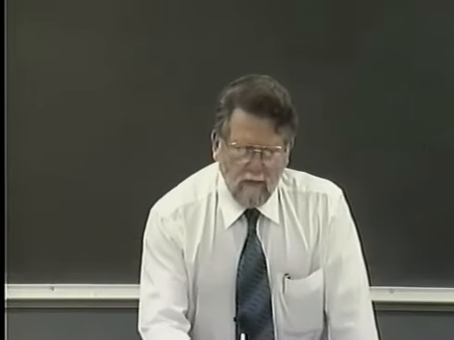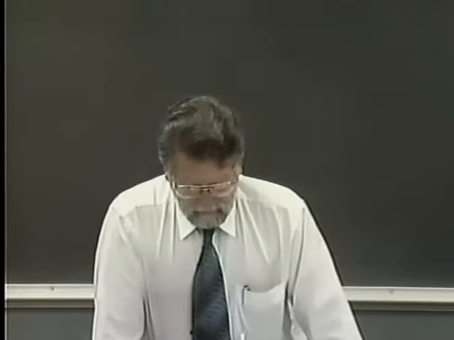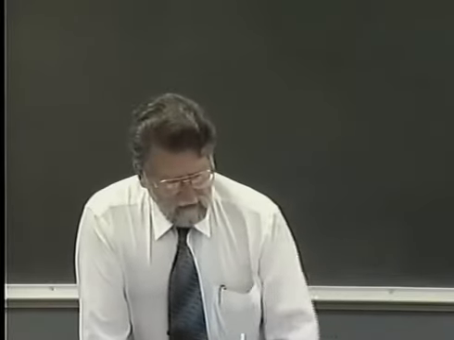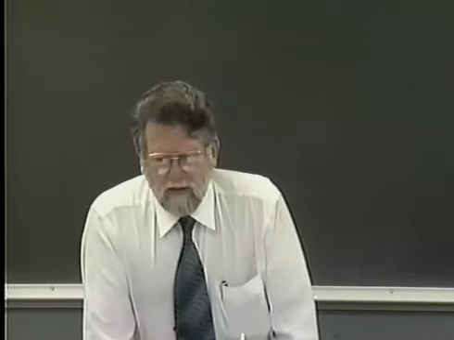Okay. Now, the next one. We're going to have you doing a lot of buttons today, Ernie. So this is the equation, y equals 2/3 x plus 1. Now I want the graph of that. The intercept is at 1, meaning 0, 1, and the slope of 2/3 means go over 3 and up 2. So you have to locate the ordered pair 0, 1.